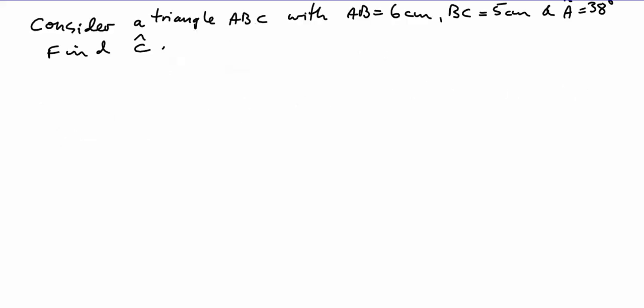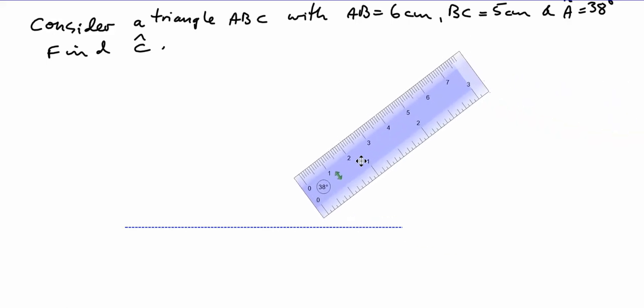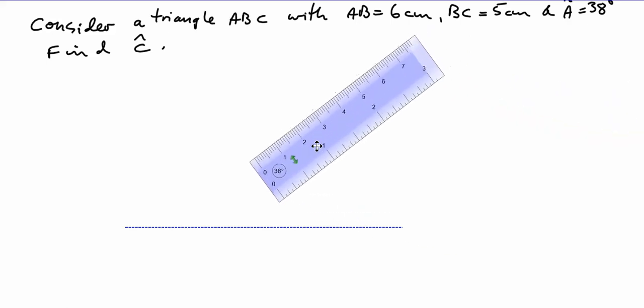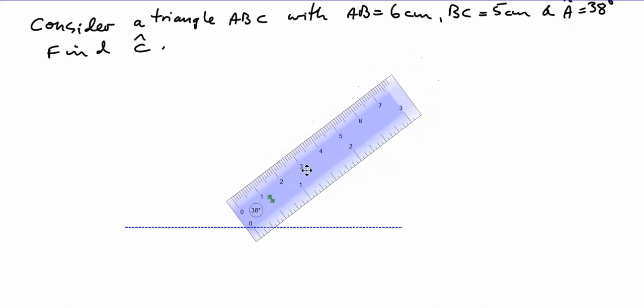Okay, well, I'm going to try and construct this triangle. So I have a line here, and I've got a ruler which is inclined at angle 38. We can see 38 degrees there.